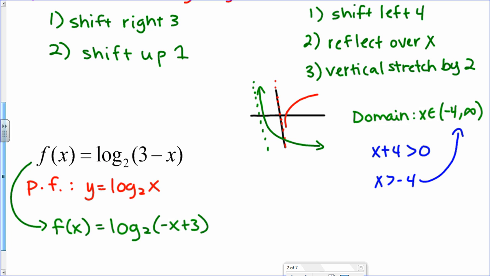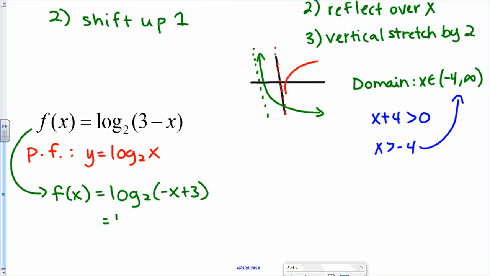Okay, we can't tell our horizontal shift unless it's just x. So I have to do another little trick here and pull out that negative like this. Then I can see my horizontal shift.